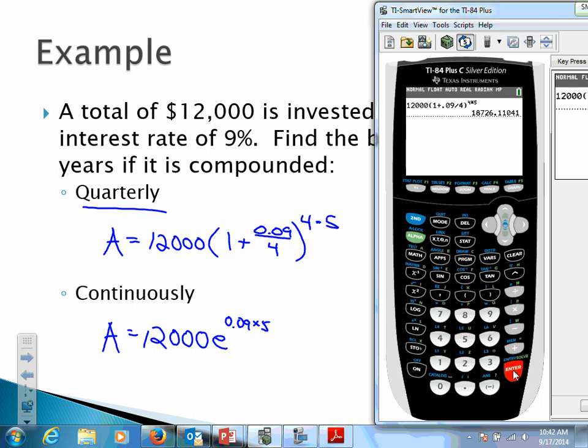And again, we can just input that right into our calculator. So if we type in 12,000, and then we use our natural number button. At this point, we're applying an exponent here, and we want the rest of our formula to be in that exponent. So we'll go 0.09 times 5.